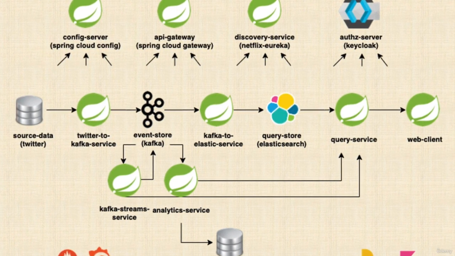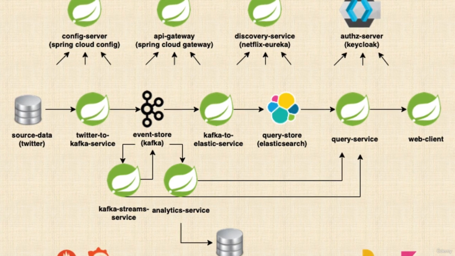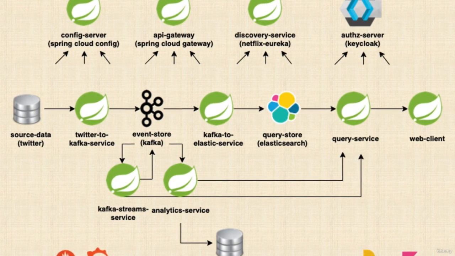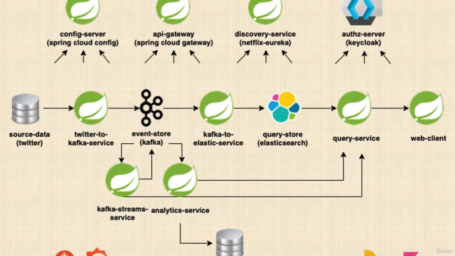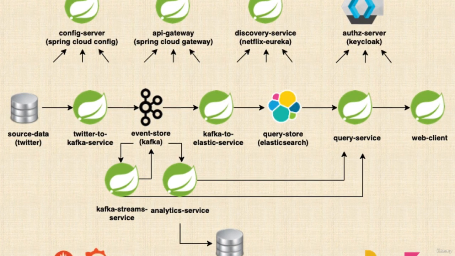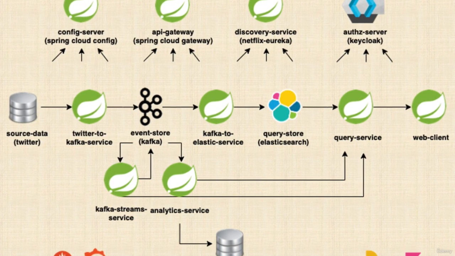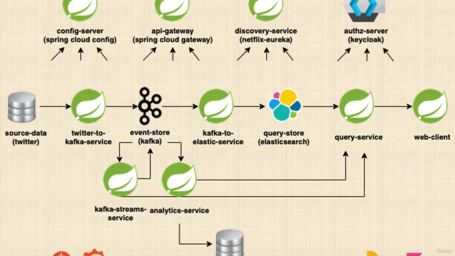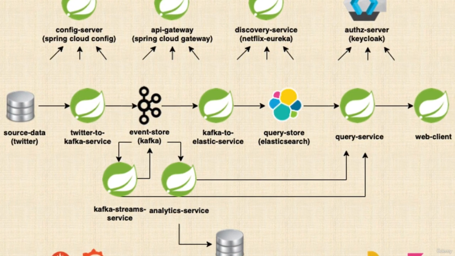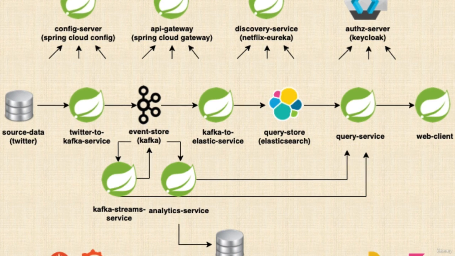In the coming lectures, I will consume this Kafka topic and put the data on Elasticsearch using another microservice, Kafka to Elasticsearch. And later, I will implement the query components to complete this CQRS and event sourcing architecture.